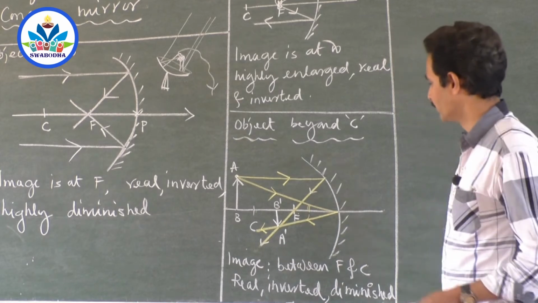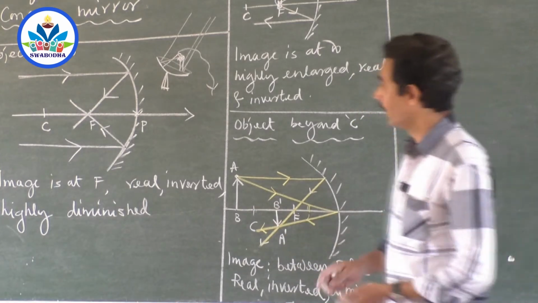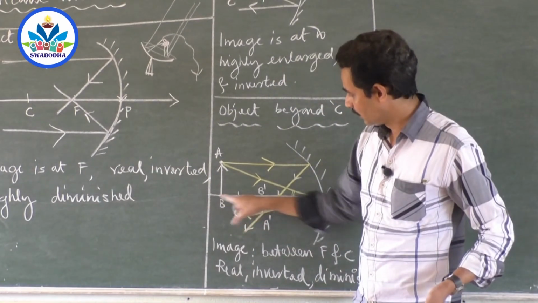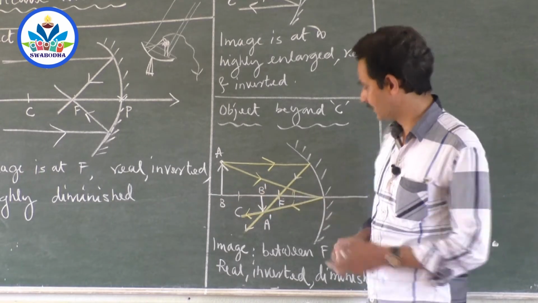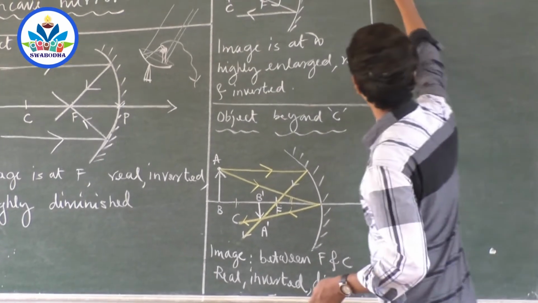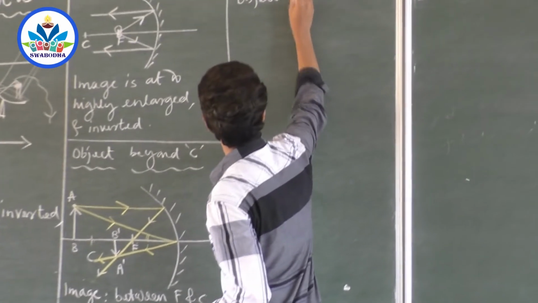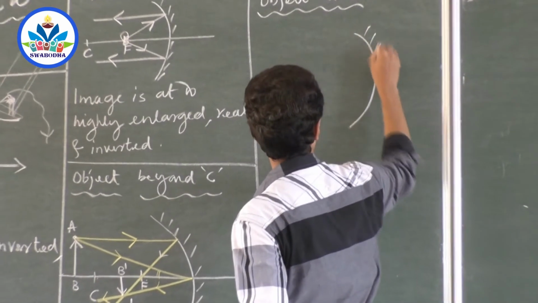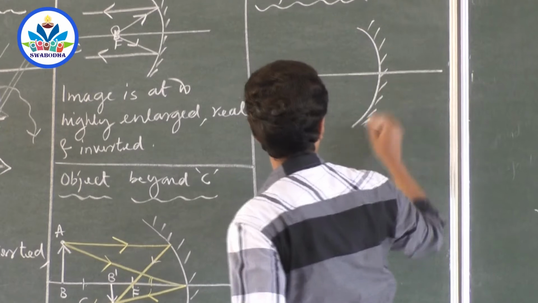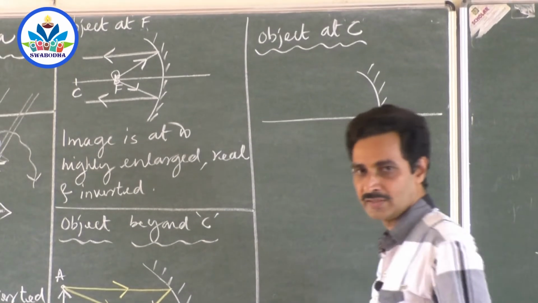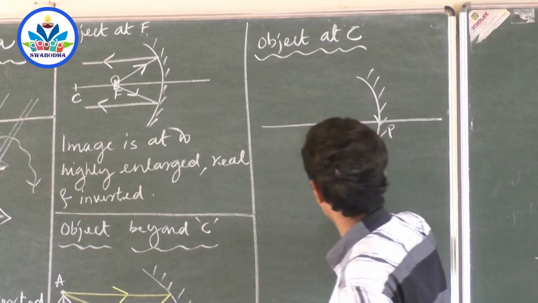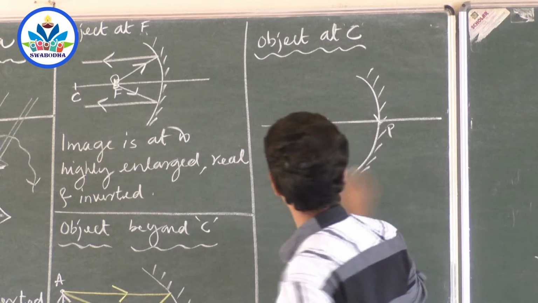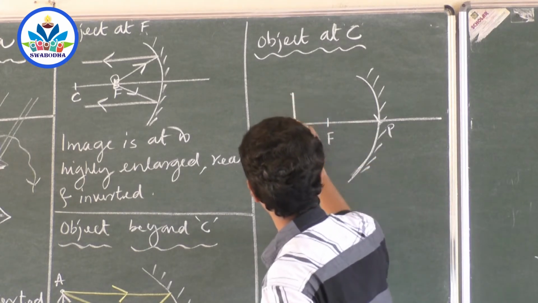Now we will go for an object at C. We were at infinity, far away. We brought it towards the mirror, up to a distance close to C. Now we will keep it at C. So if an object is kept at C, at the center, take a concave mirror, draw a principal axis, the pole is the geometric center, and we have a focus where parallel rays meet and the center of the whole curvature C. Now keep an object at C like this.